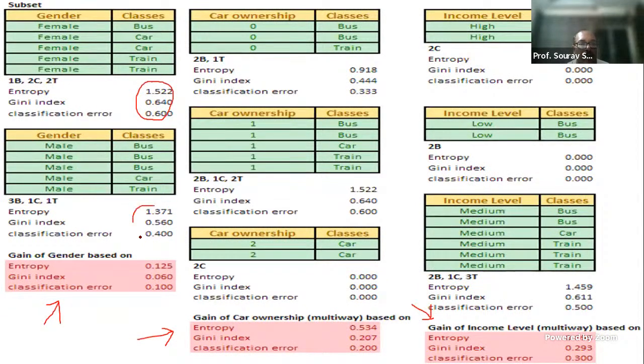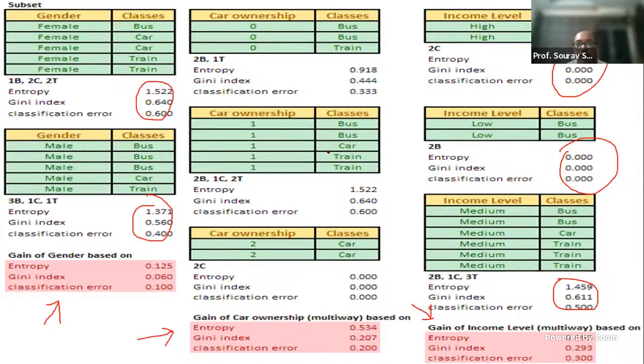If I split by the gender, right? Impurity values if I split by the income level, right? Now I need to find out the change in the impurity values, by what amount the impurity value has changed. And my objective is to find out where the change is the maximum.